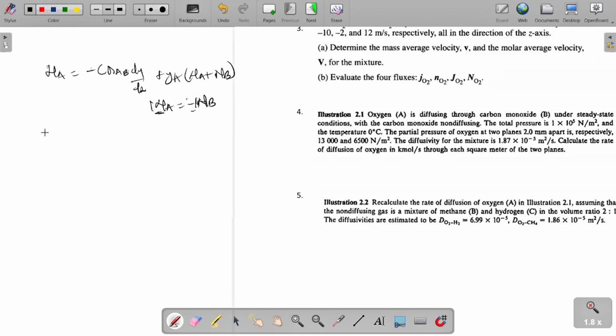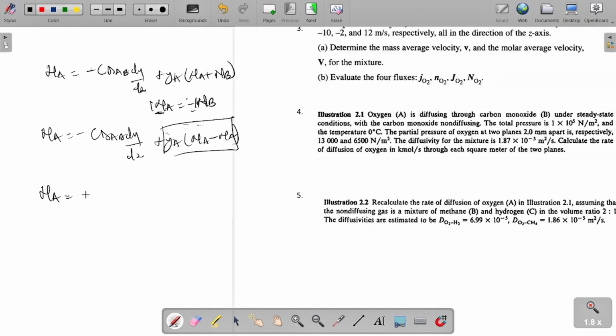So NA becomes minus C DAB dy/dz plus yA NA, and NB becomes minus NA, in such a way that this side goes away.